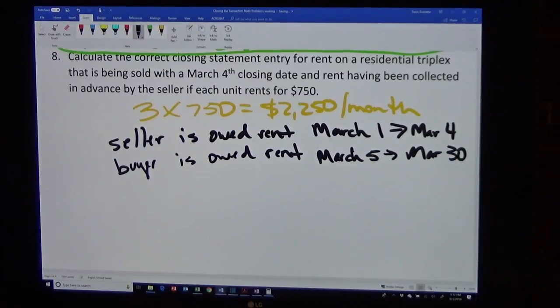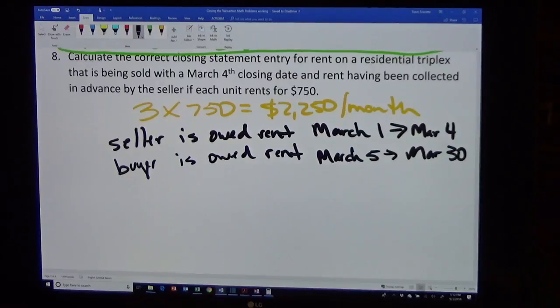And here's the reason why we're working with the month of March. The seller got all the rent in February and they were owed all the rent in February. The buyer is going to get all the rent in April because they're going to own the property then. So March is the only month we need to prorate or split up.